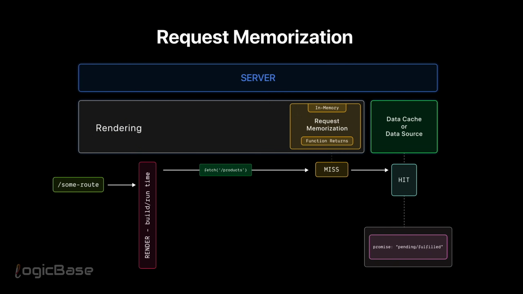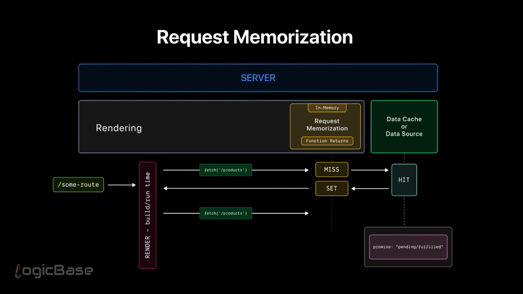That promise may be in pending state or may get fulfilled at any moment. And that very promise will be set in the request memoization layer. Then it responds and the process is done. For any subsequent requests hitting that same route, it will get a hit and the response will come directly from the request memoization layer. This is a simple example of how request memoization works.